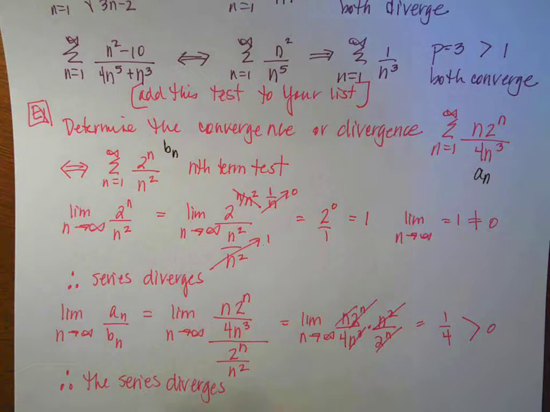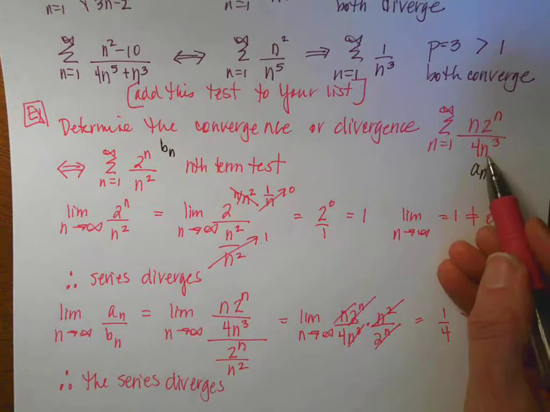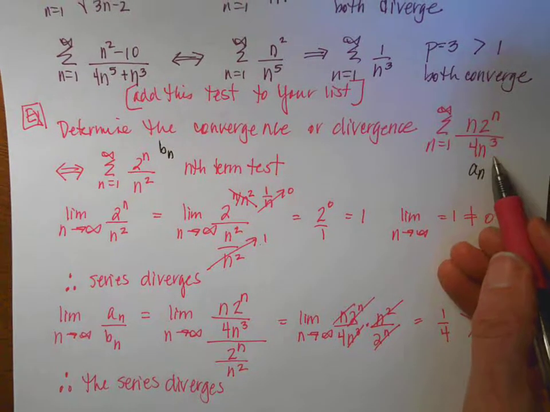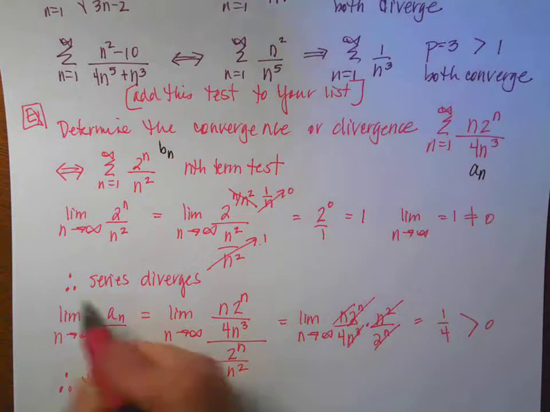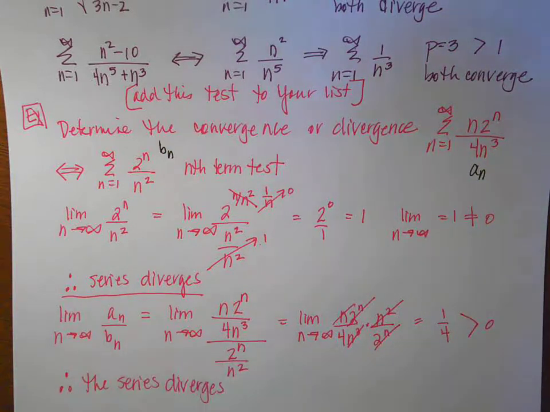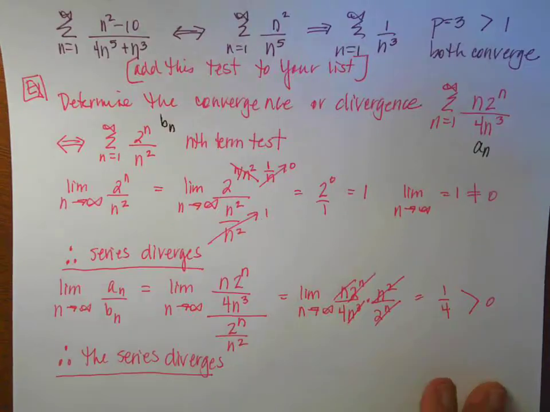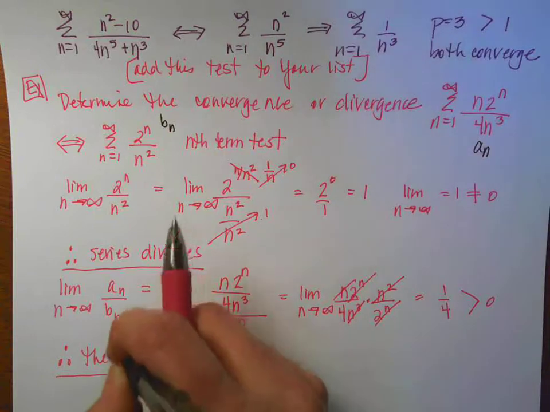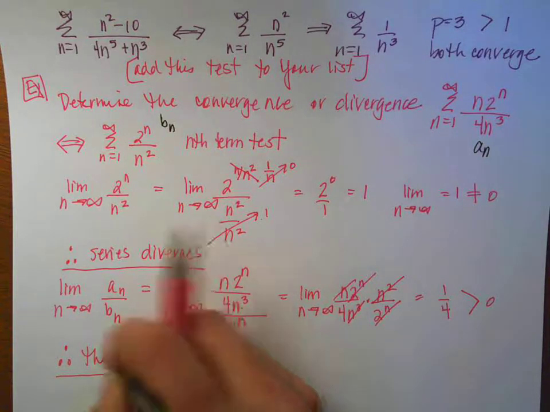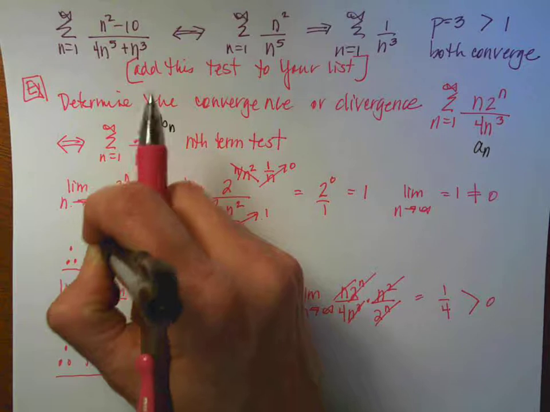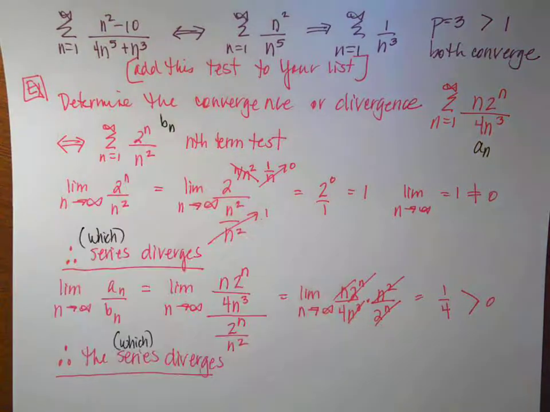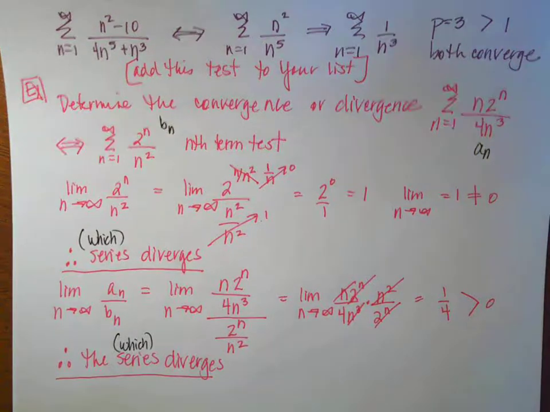And then down here, I would make an effort to show this notation to make sure that my math isn't confusing and that I receive full points, because if you'll note it, I said, therefore the series diverges, and therefore the series diverges. That is lame, and you need to make sure that you say which series is going to diverge and which series diverges.